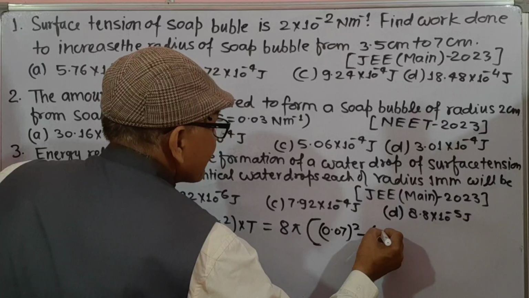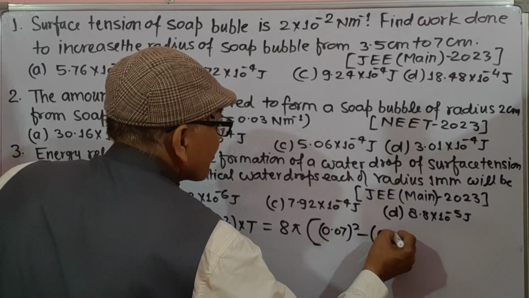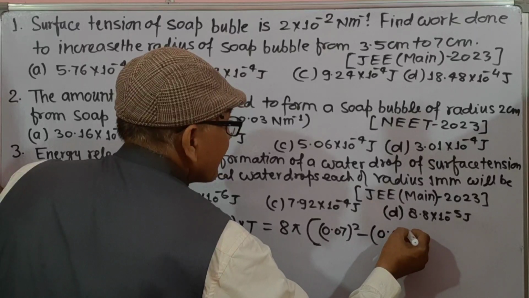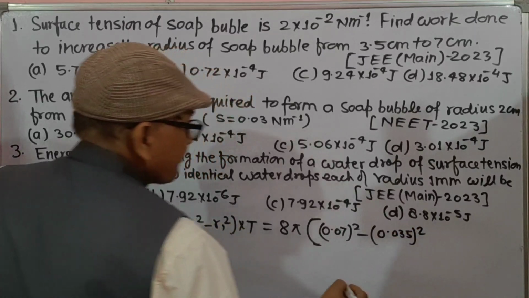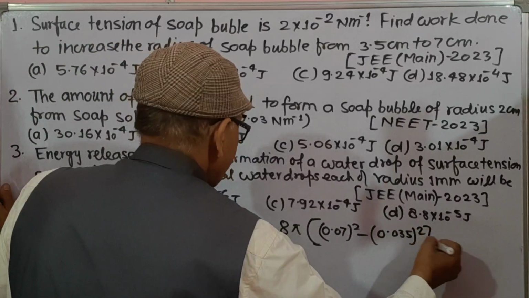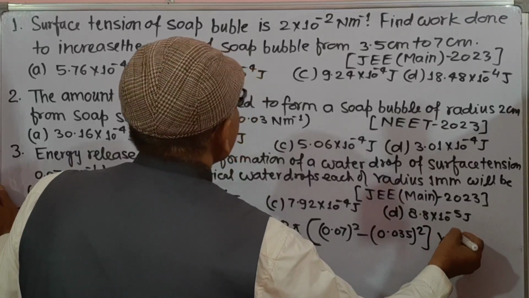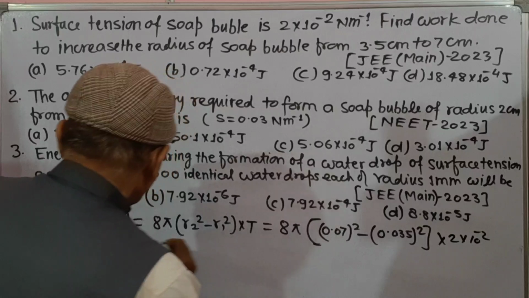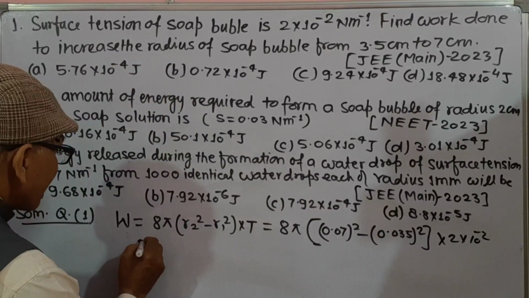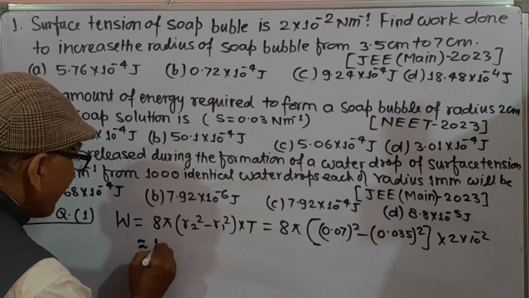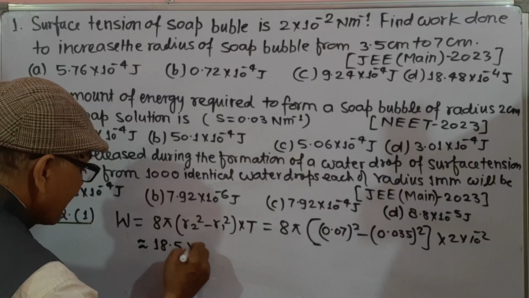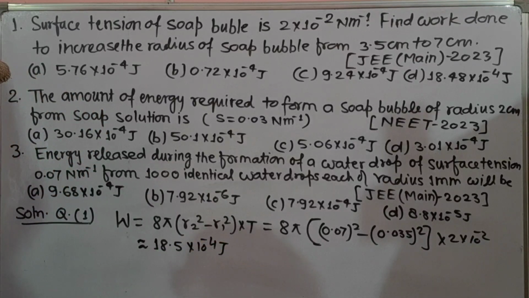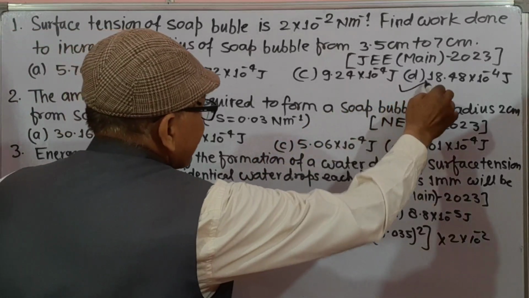R1 is 3.5 centimeter, means 0.035 square, into surface tension is 2 into 10 to minus 2. So we get work done nearly equal to 18.5 into 10 to minus 4 joule. So D is the correct option.